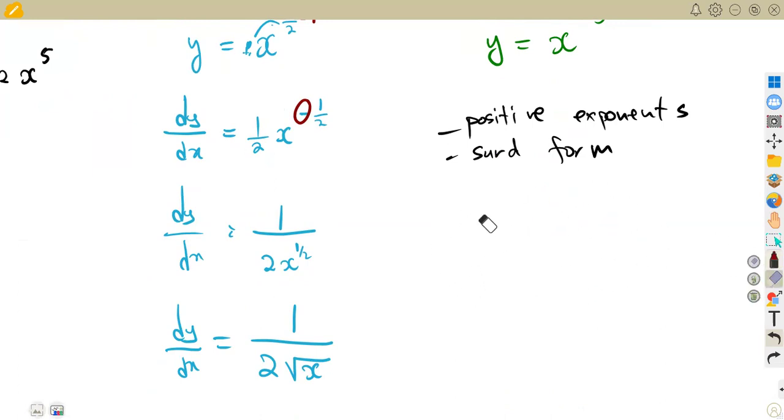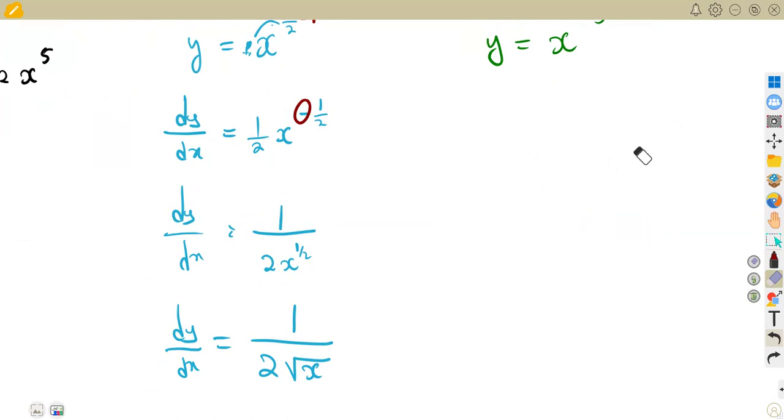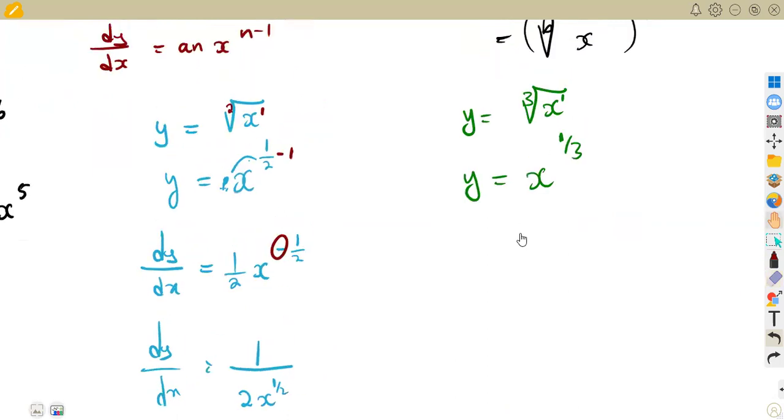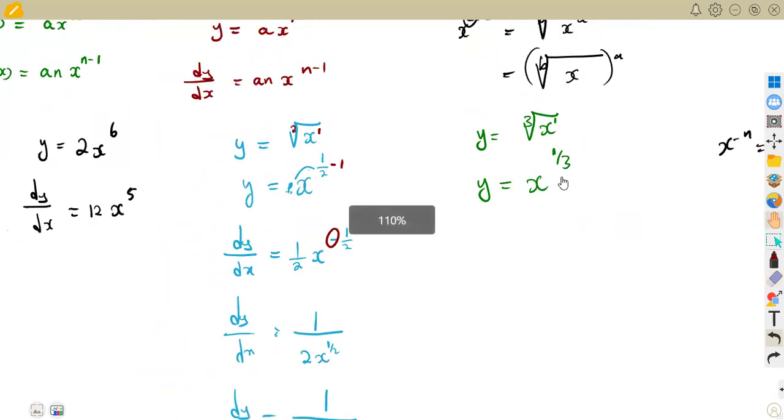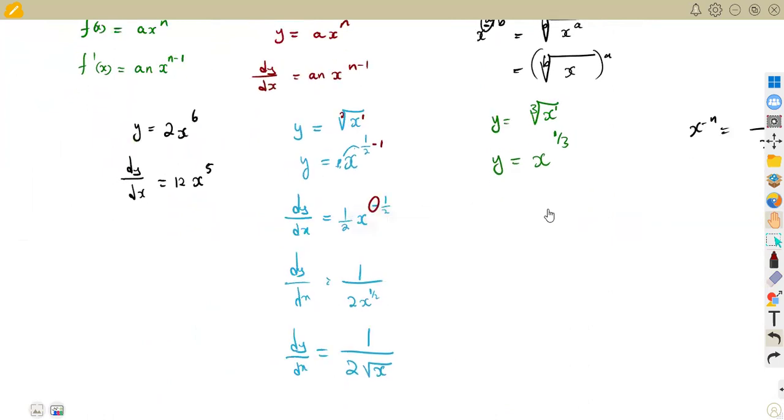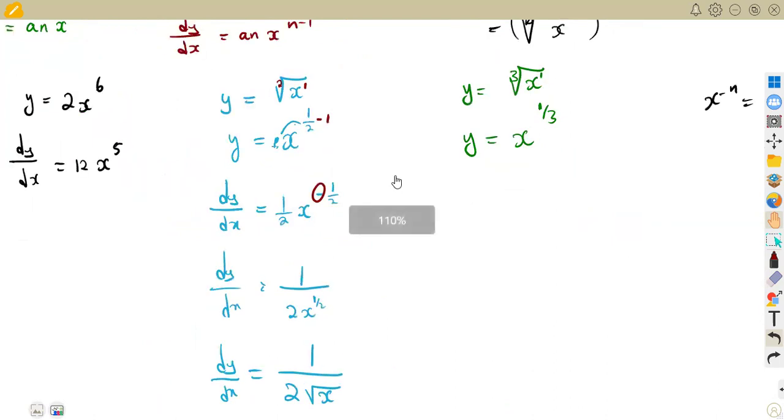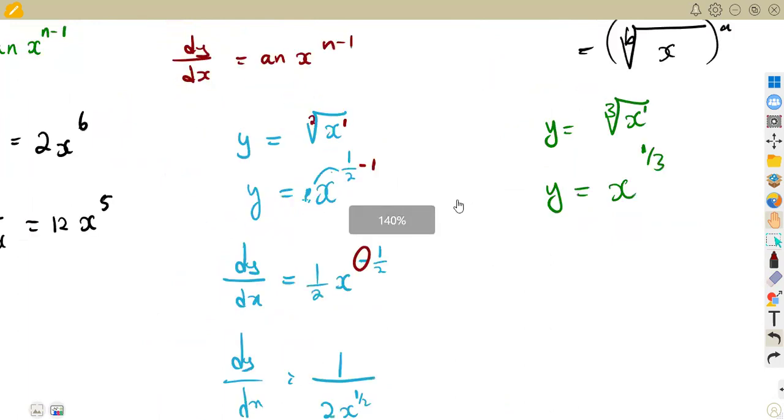If the condition is that the answer is needed as positive exponents, and also in surd form where possible, this is the same situation you are going to apply to find your derivative. So as you can see, whenever we have these, what we need first is the format.